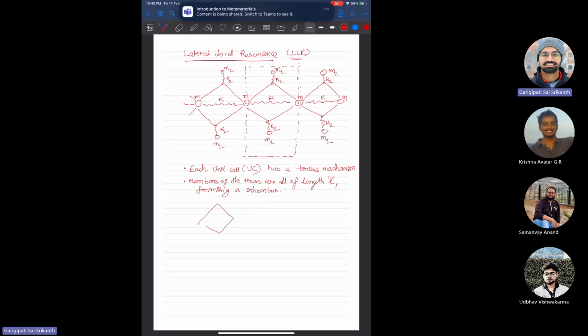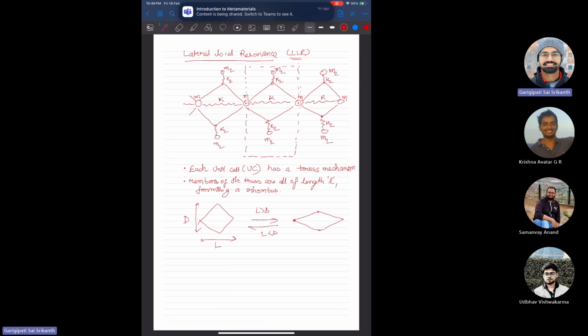And let's say this is L, this is D. If L is greater than D, then you get something like this. Right? So it's a rhombus mechanism.